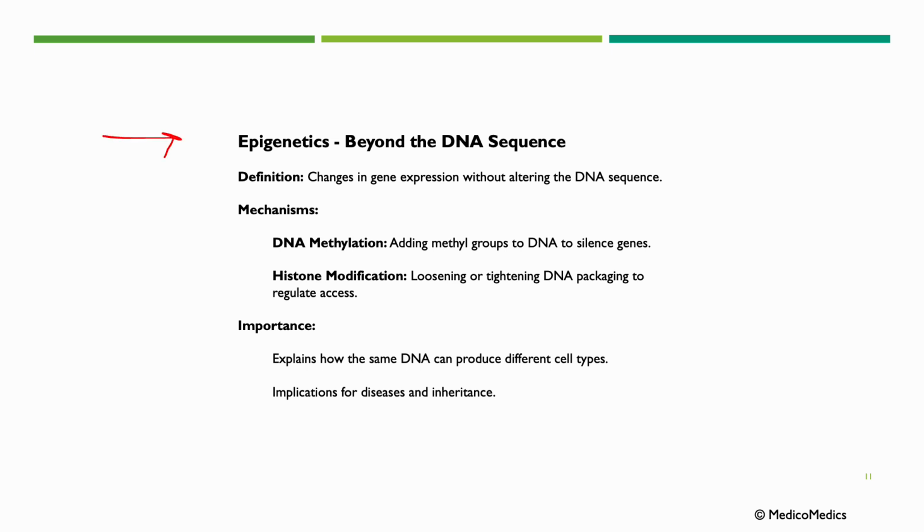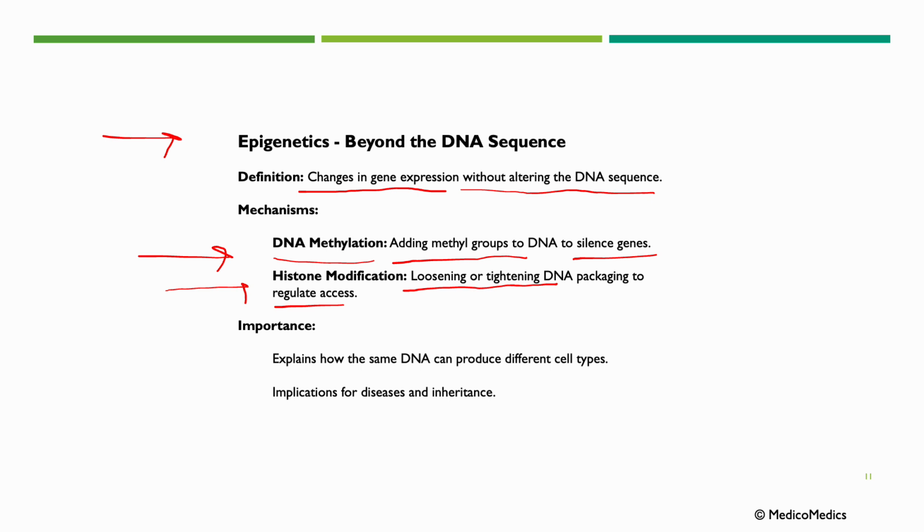Now, what is epigenetics? Changes in gene expression without altering the DNA sequence. Mechanisms include DNA methylation, so we add a methyl group to DNA to silence genes. Another way to do it is histone modification, so loosening or tightening DNA packaging to regulate access.